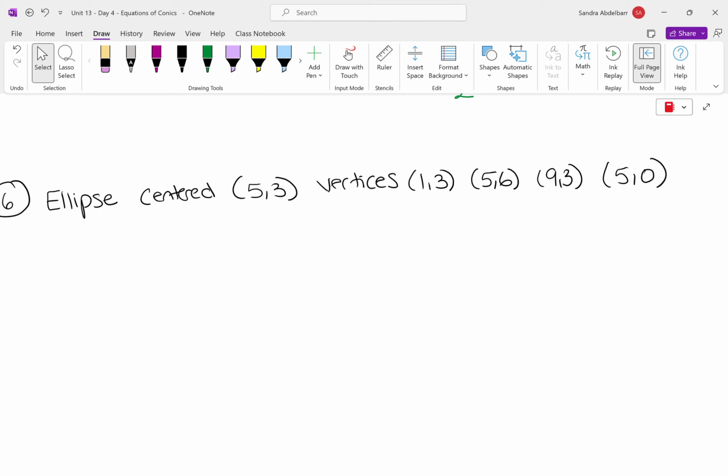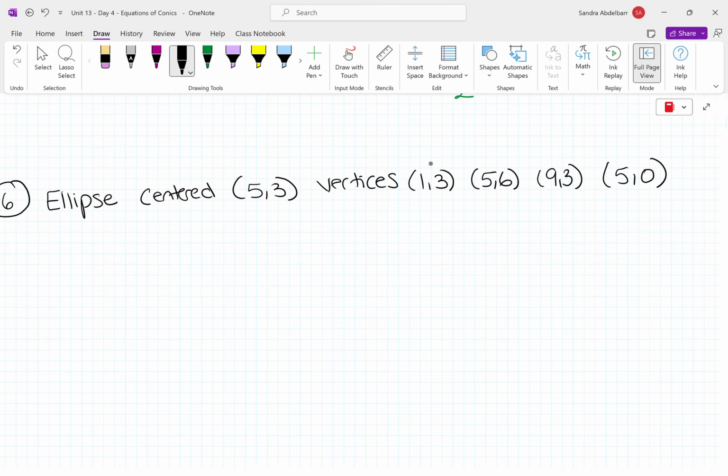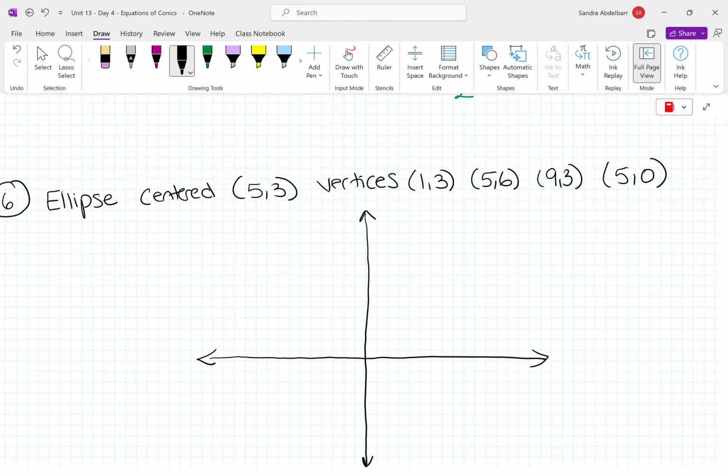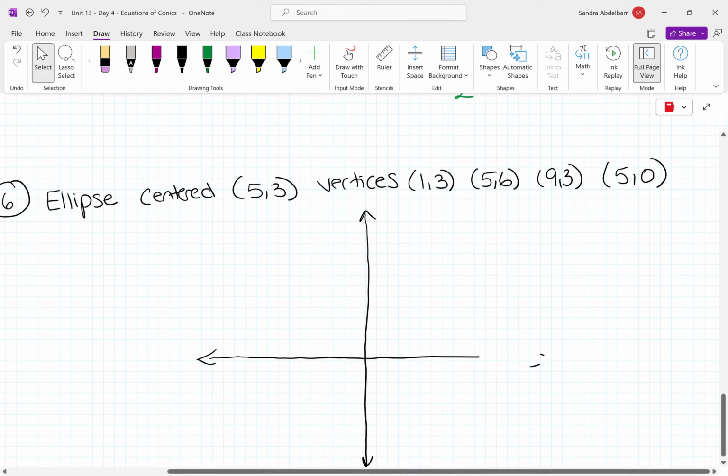All right, so we have an ellipse centered at 5, 3 with vertices 1, 3, 5, 6, 9, 3, 5, 0. Me personally, I would just plot these points. I would just see what we're dealing with. So our center is 5, 3.